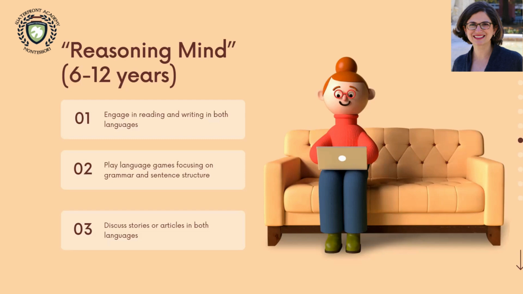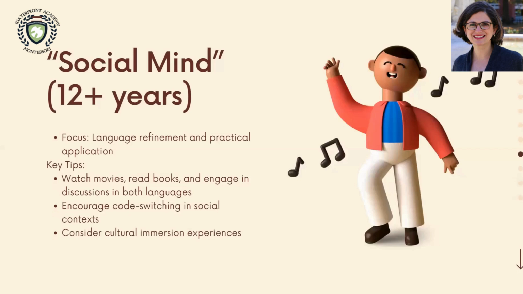They like making up different ideas of what they've heard, or more along the lines of what will happen. They like to make up different things that might happen after reading a page or a paragraph of a story or an article. Okay. The social mind is what we call the 12 and older.